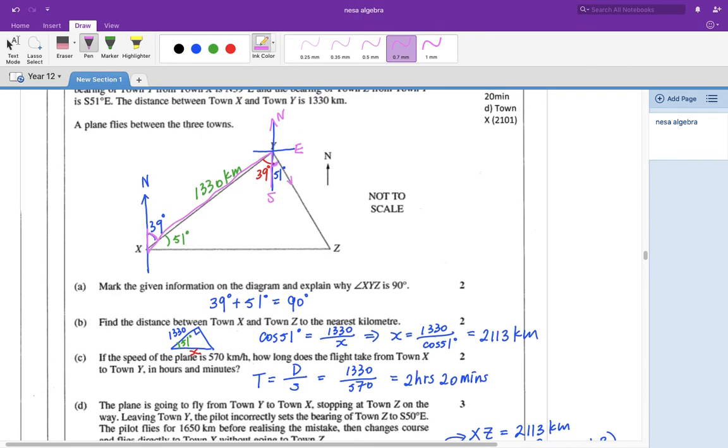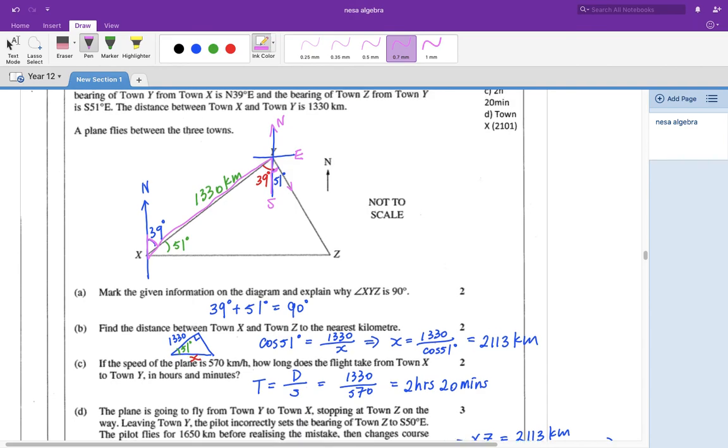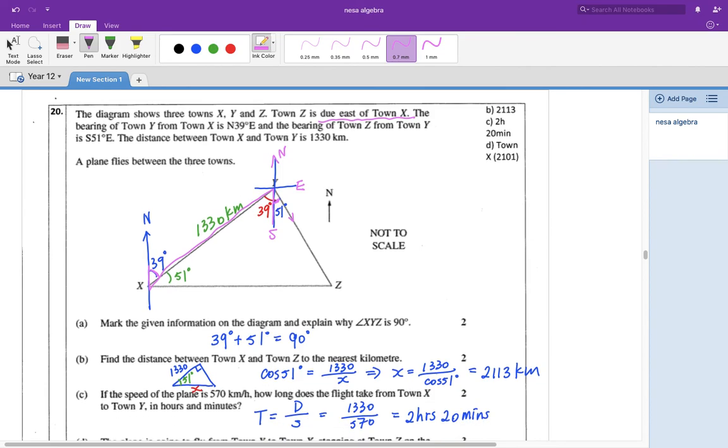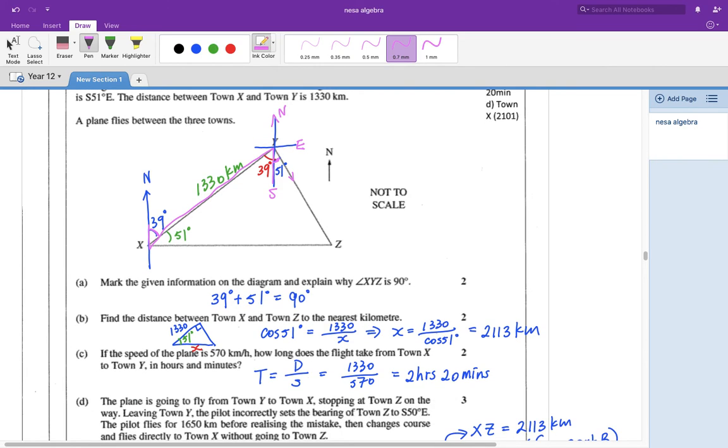And to find the distance between X and Z, you know Z, according to the question, is due east of X. That's in the question. So that means true north and Z should form 90 degrees. So the angle in green here, I just did 90 degrees minus 39. So that's 51.